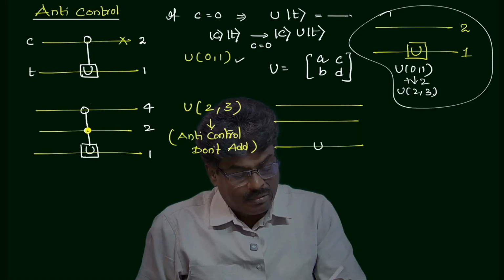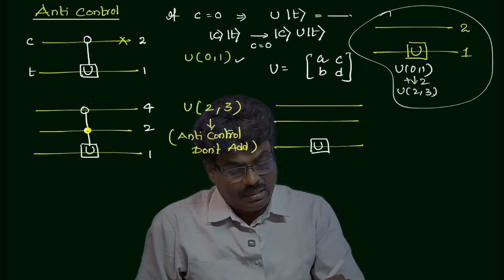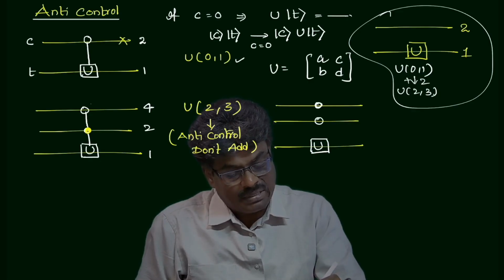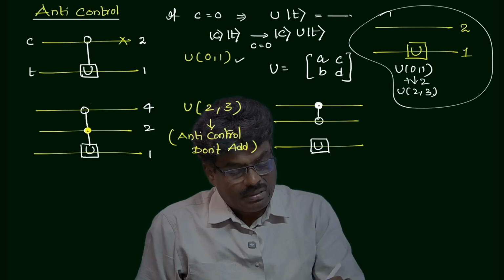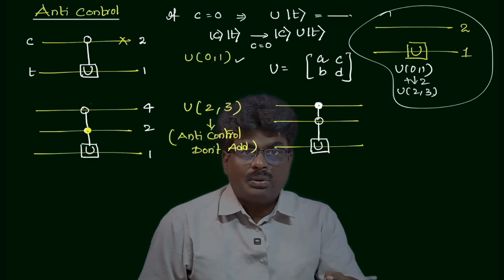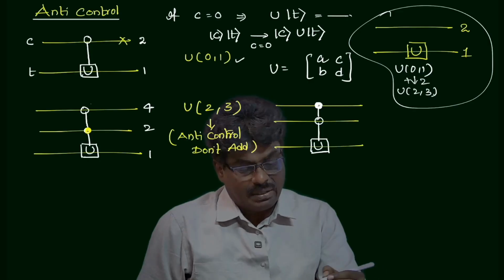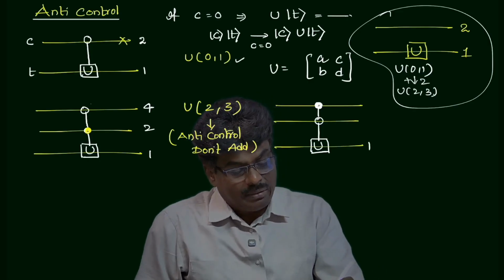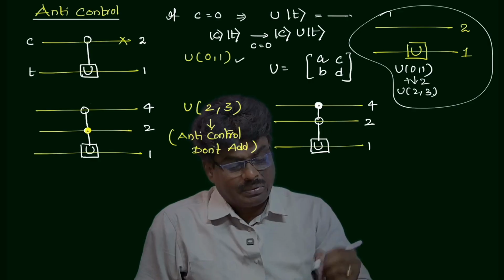And take one more example. Here you have a unitary operator, a single qubit gate, and here anti-control, but this time this is the control. See that a dark circle is a control and a hollow circle is an anti-control. So here we have this decimal notation 1, 2, 4.